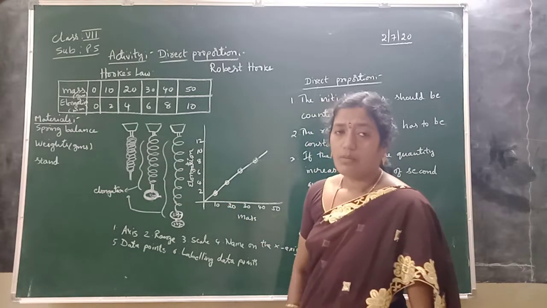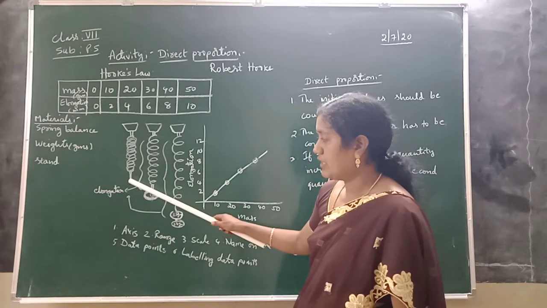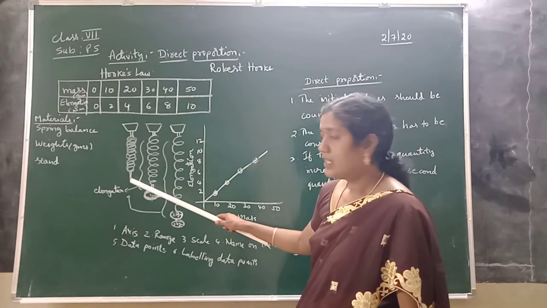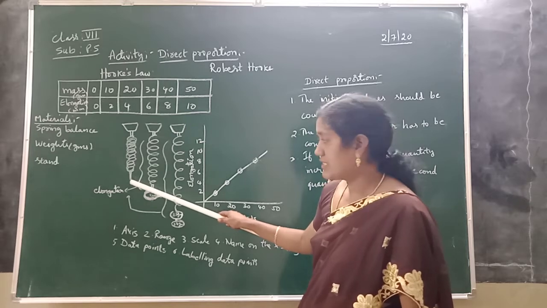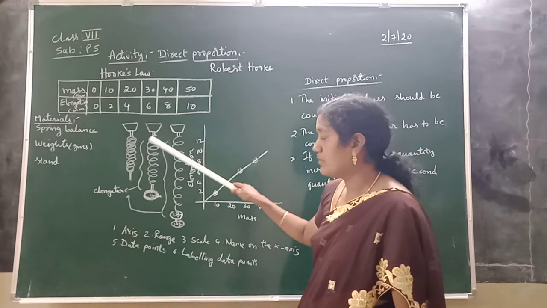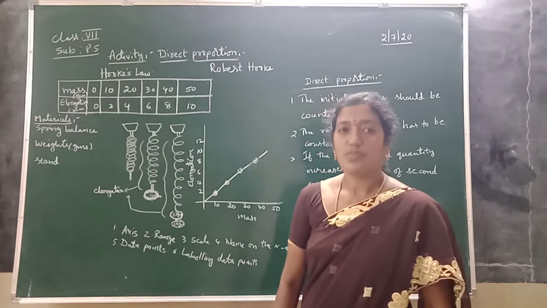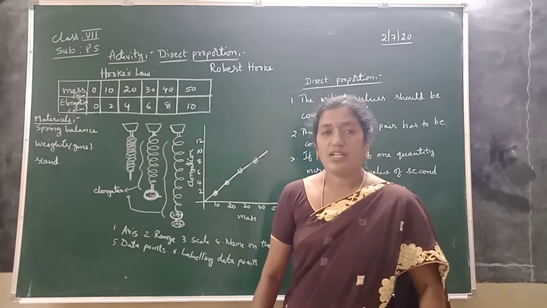We have to measure with the help of a scale children. So up to here initially the spring is here, and after adding the weights the edge of the spring comes to here. So that's why some elongation. Elongation means increase in the length of the spring. Definitely initially spring is like this.